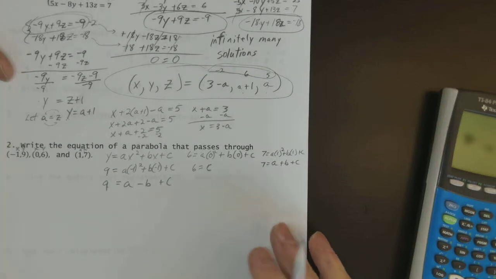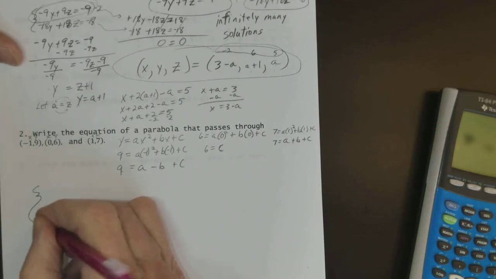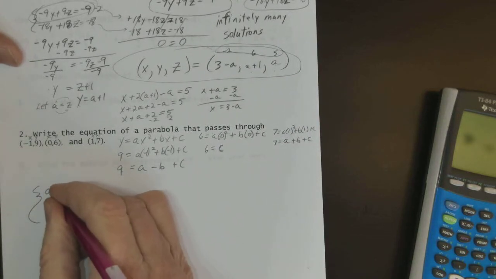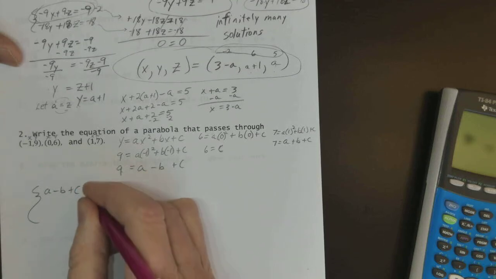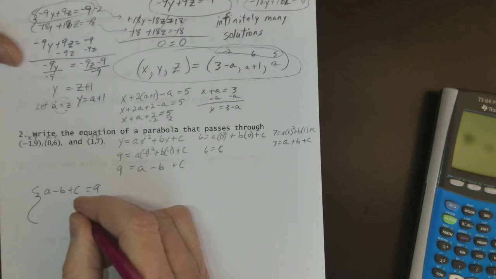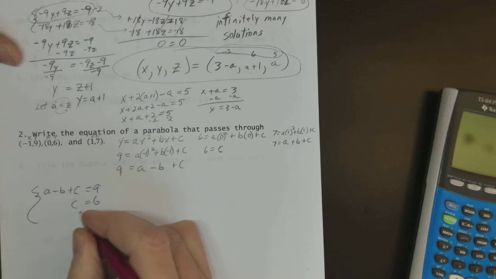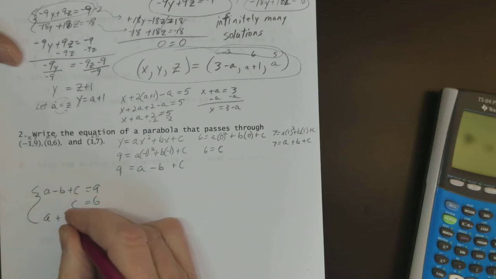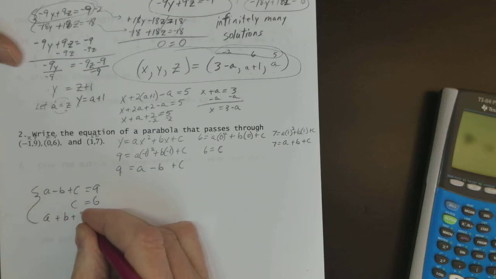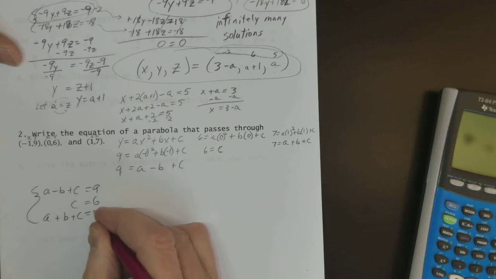All right. Our system: a minus b plus c equals 9, c equals 6, and a plus b plus c equals 7.